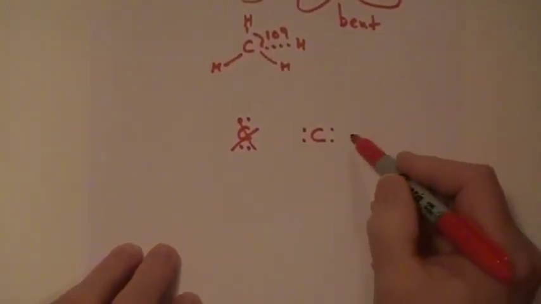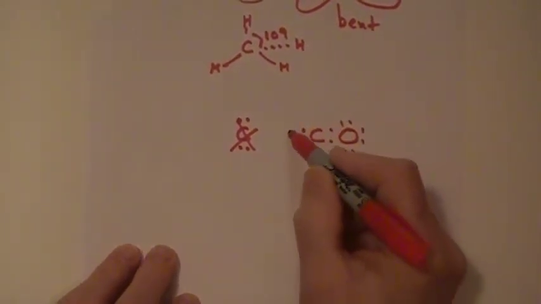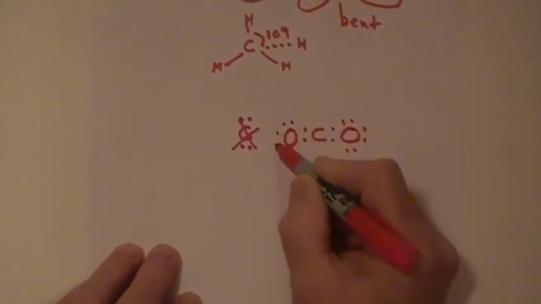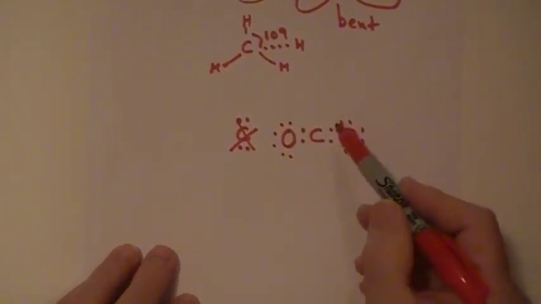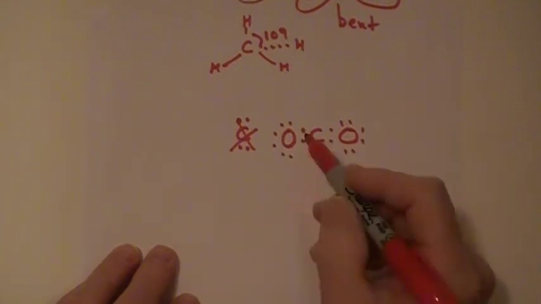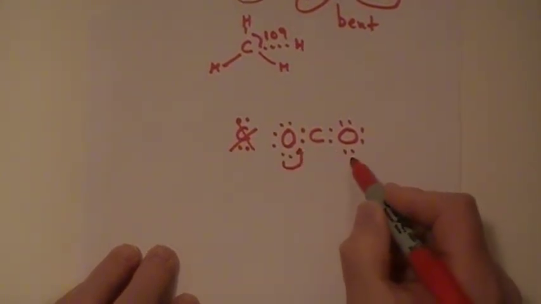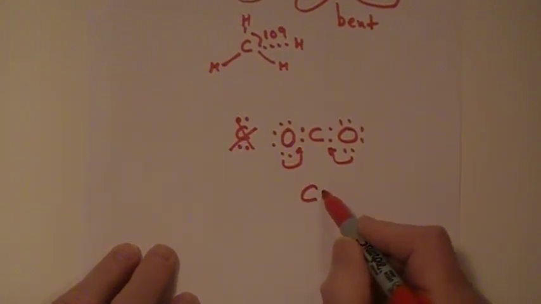If we put the 1, 2, 3, 4, 5, 6, 1, 2, 3, 4, 5, 6. Now we have 8 around oxygen, 8 around oxygen, and only 4 again around carbon. So I'm going to take these two and put them here, and those two and put them here. And now this looks like this.